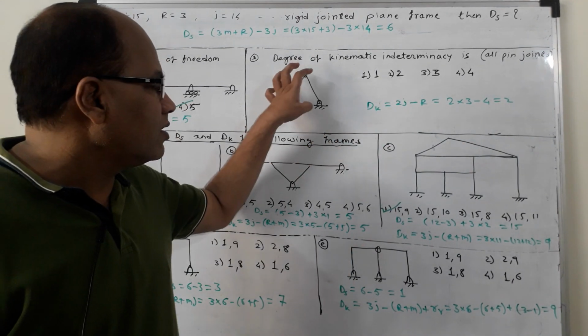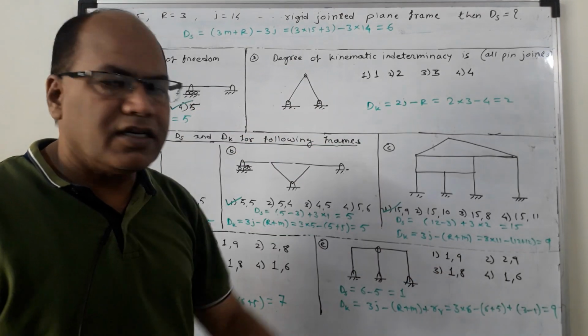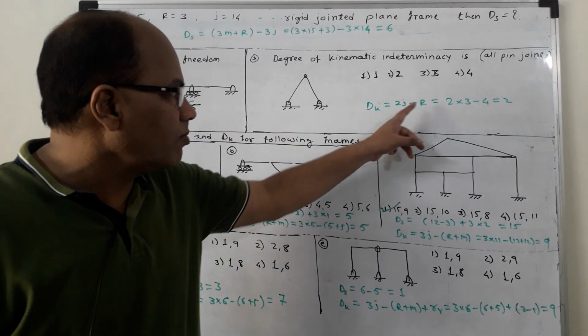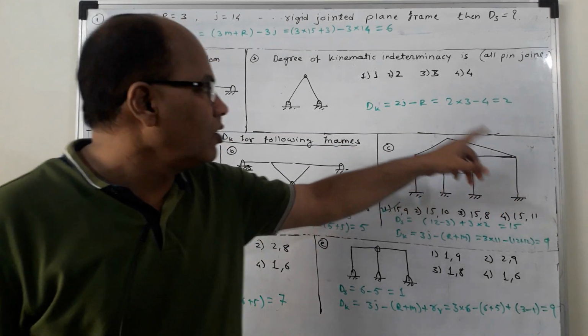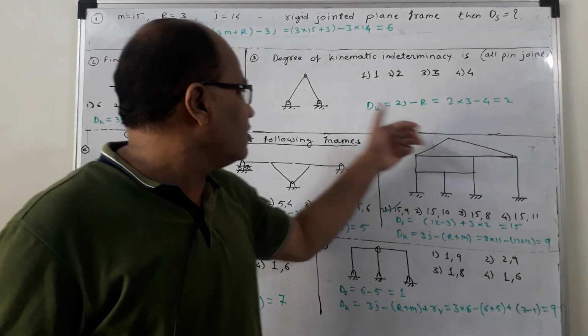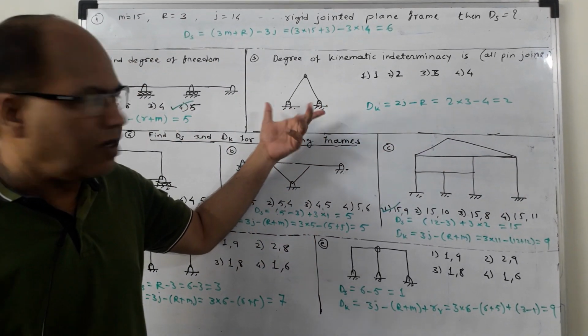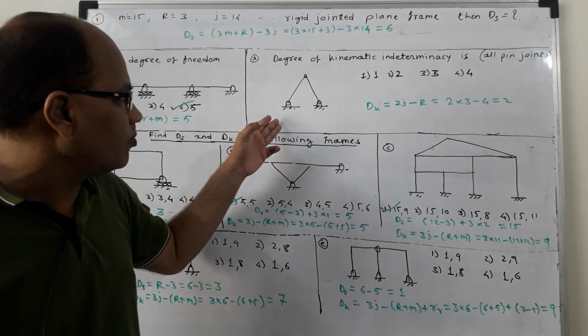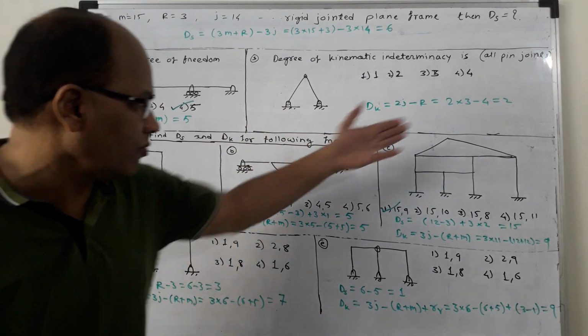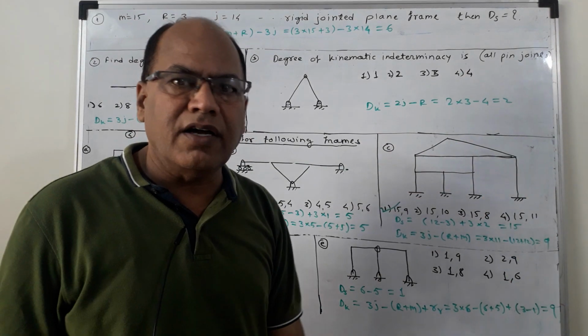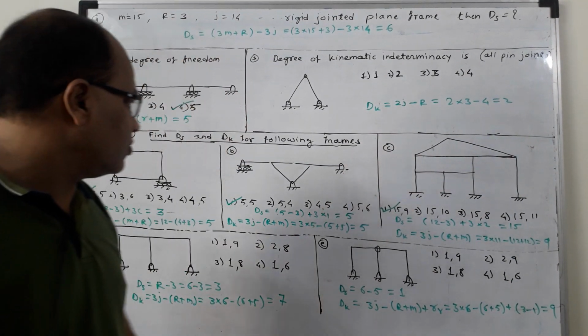Here the constraints are equal to the number of reaction components at supports. So 2j minus r becomes equal to 2, because j is equal to 3 and r is equal to 4, because both the supports are hinge supports. So 2 reaction components at each hinge support, which is equal to 4, and that is why the final answer is dk equal to 2.